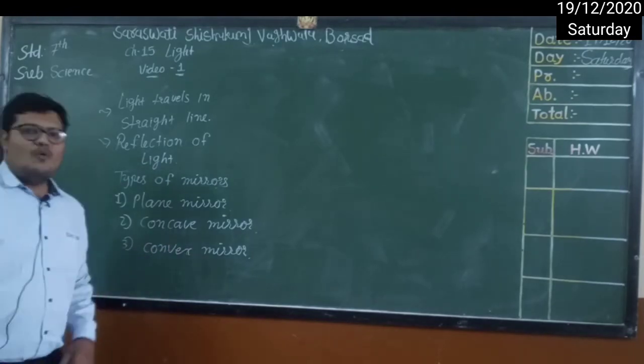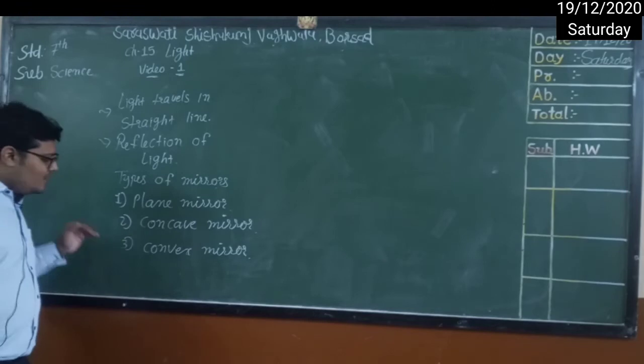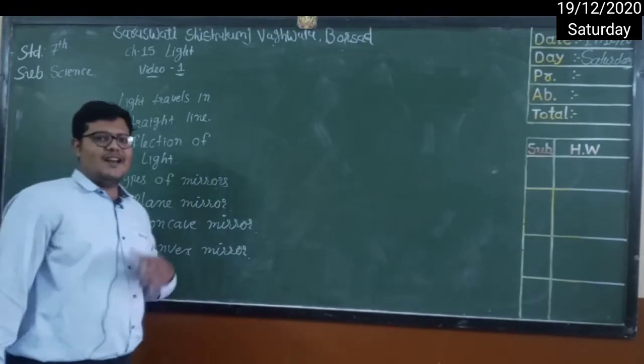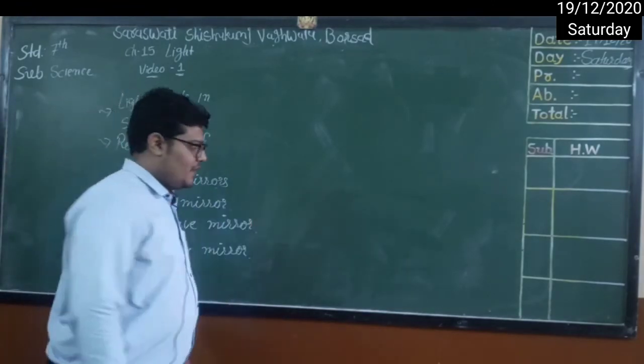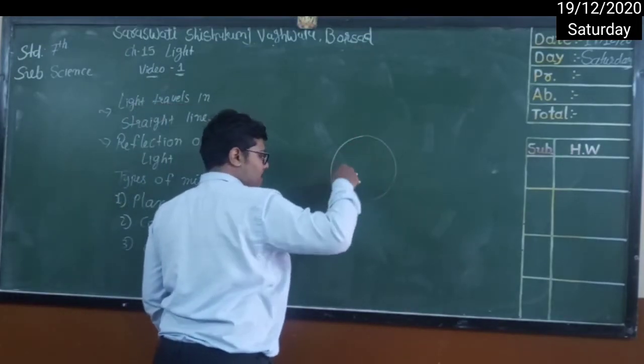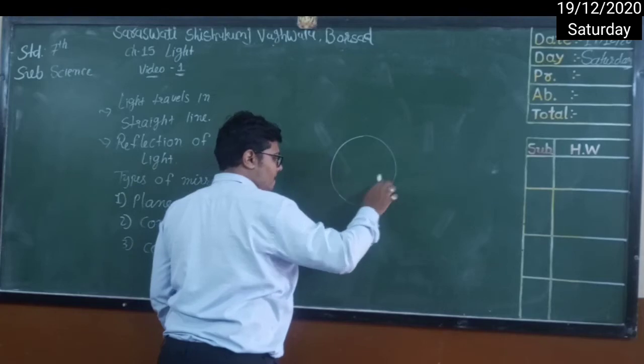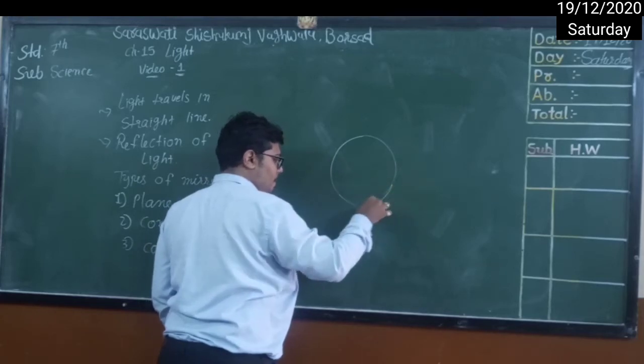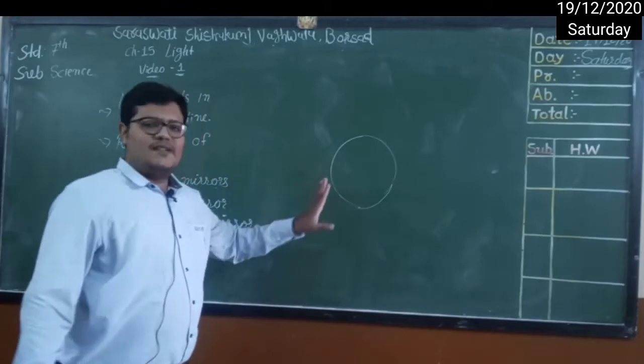Now before that, what is this concave mirror and what is this convex mirror? Let's try to understand the surface of that. Now here, okay, that this is circle, right?